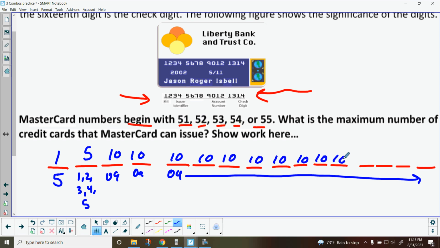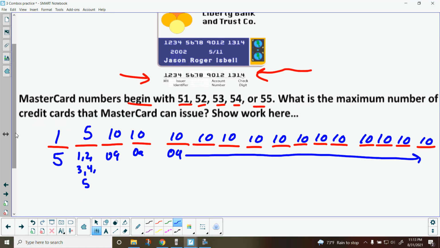Now again, all of these are being multiplied. You know what 1 times 5 is.